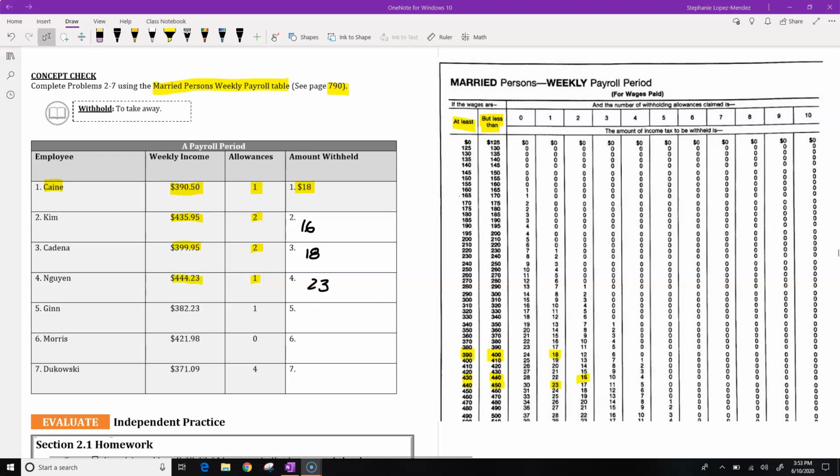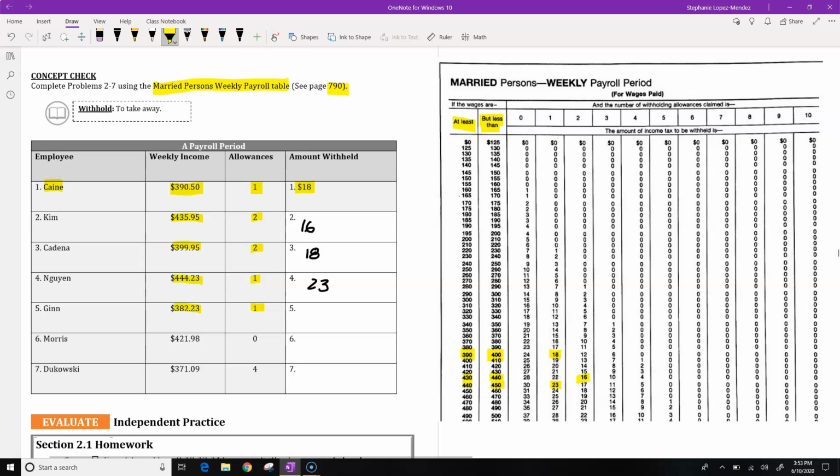Now let's go on number 5 with Jean. The weekly income for Jean is $382.23, and there's only one allowance. So again, I look for a range where I could place $382.